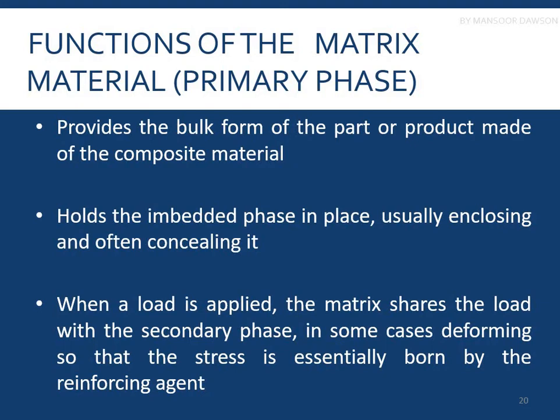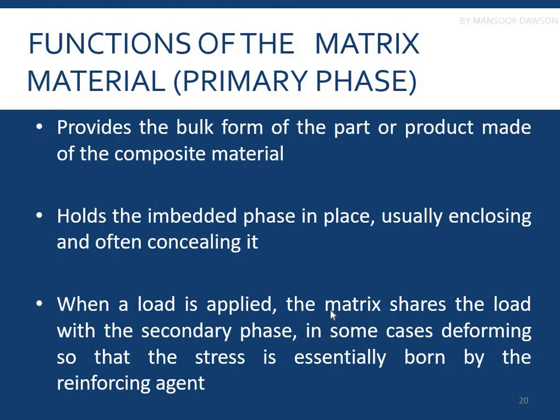So whenever a load is applied to the composite, the load is carried by the matrix, and then the matrix sends that load to the strengthening part, which is the reinforcement, because a matrix cannot bear a high amount of stress, so it transmits that stress to the reinforcing agent, which bears the stress.